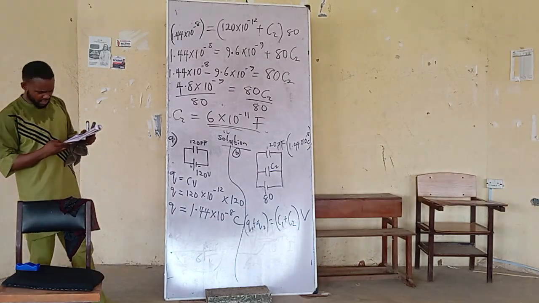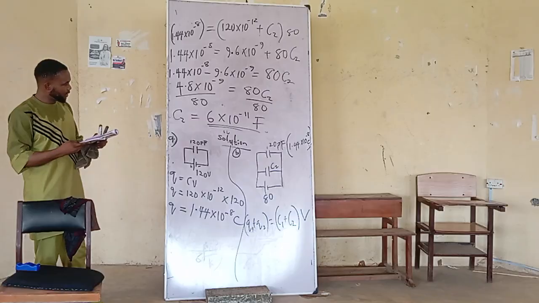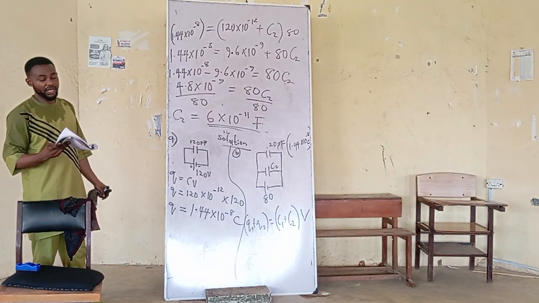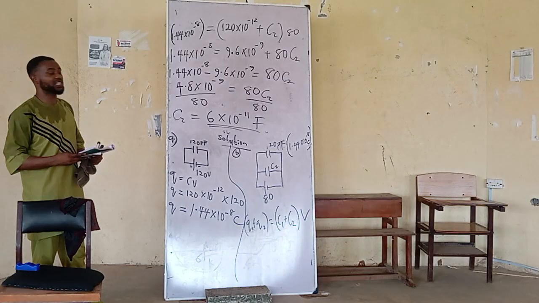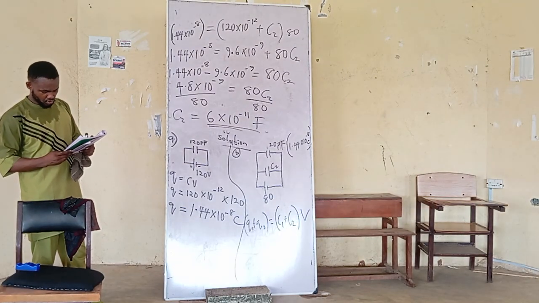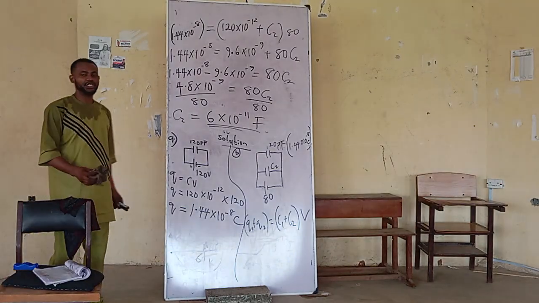Let's check what we have here. They have their own in picofarad, it's still the same thing. 60 picofarad is the same thing as 6 times 10 to the minus 11. So we are still having the same thing, so we are correct. We did not need to convert it.